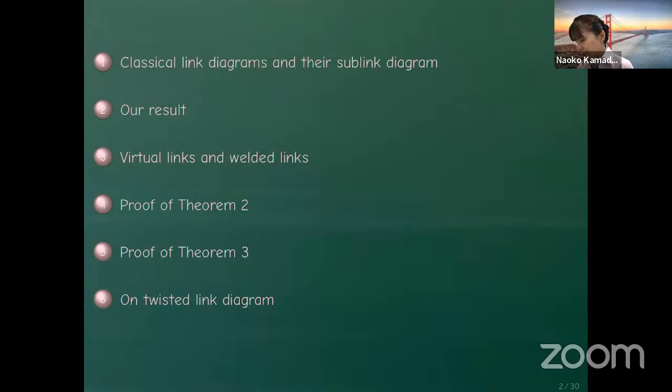Next, we show our result. Then we recall virtual links and welded links. After that, we show our theorem and its proof. In the rest, we talk about the similar issue for twisted link diagrams.